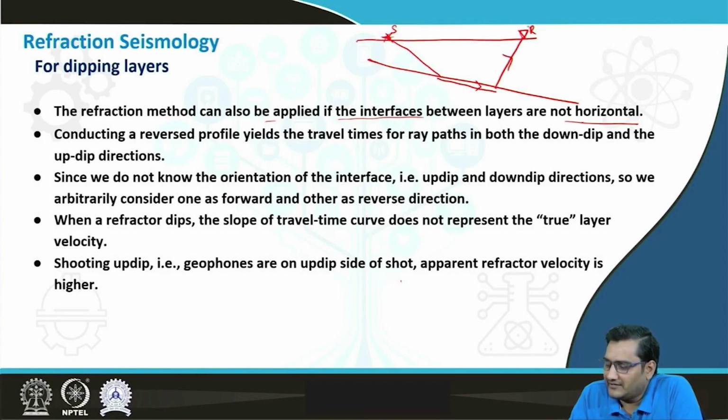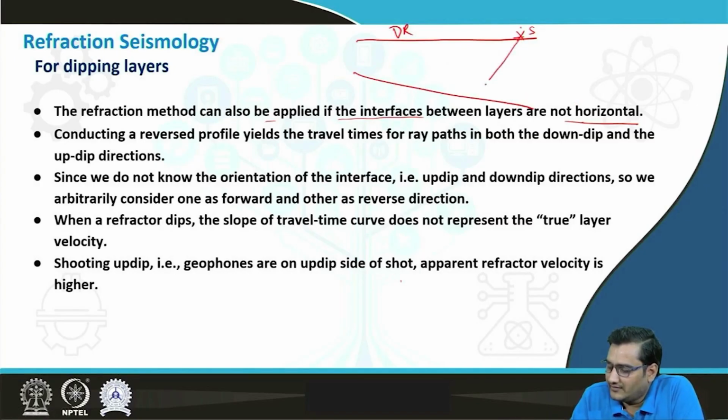In the next step, we keep our source in the place of the receiver; this will be your source and over here is your receiver. Then you conduct the survey, send some energy, and it is recorded at the receiver. In this case we say that this is your reverse direction.